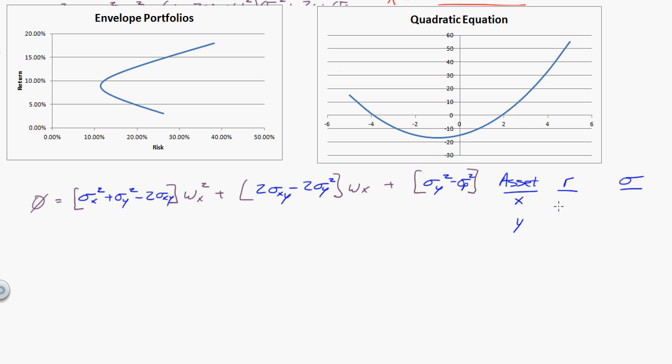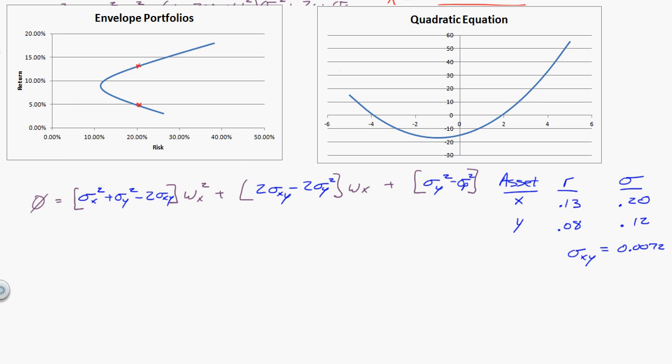The return on asset X was 13%, and its volatility was 0.2. This is an example that we've done in class before, I think, with these exact numbers. Y had a return of 8%, sigma Y was 0.12, and the covariance between X and Y was 0.0072.